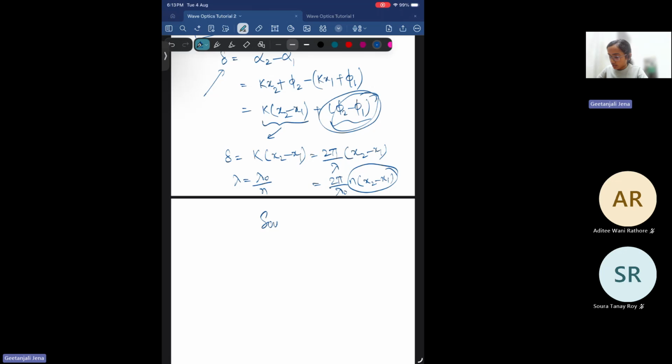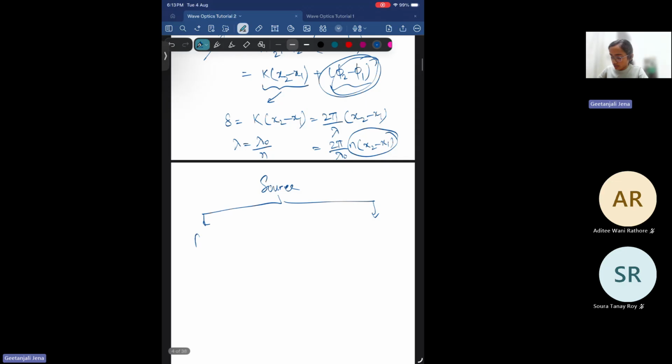From this, we have seen they have different intensity patterns. One is the randomly phased source, which means the phase difference phi 2 minus phi 1 is not constant. They are not in phase and they vary from time to time.